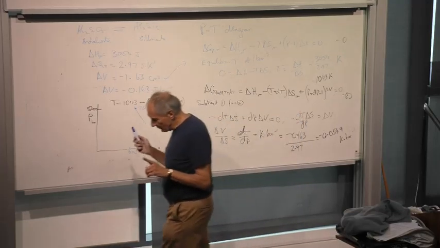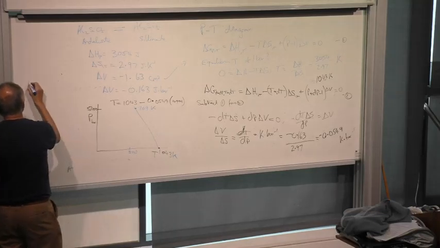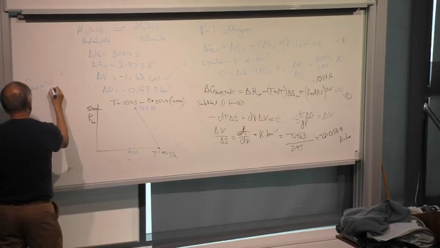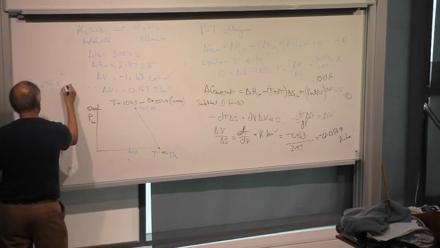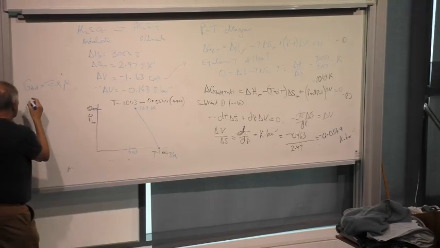We're dealing with single component phases, so if you recall, the free energy of the phase is the sum over all i of Xi times mu i, and these phases have just one component.